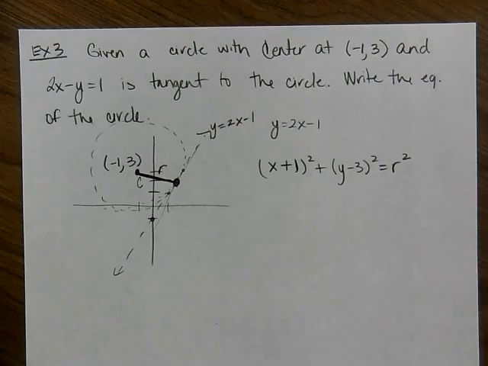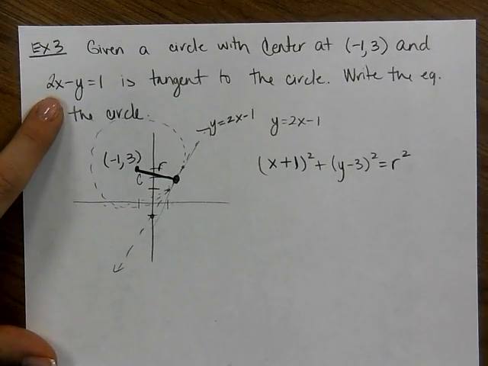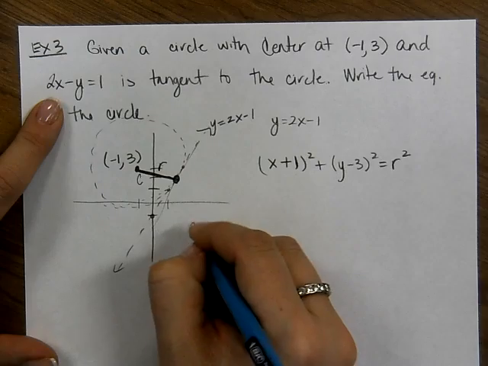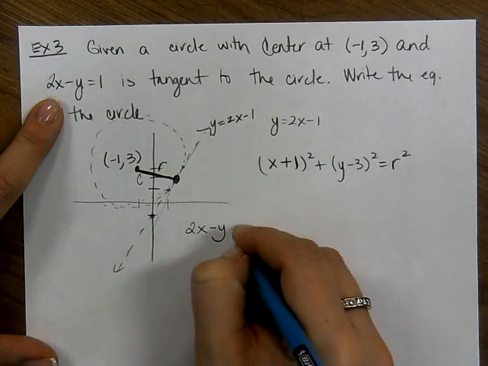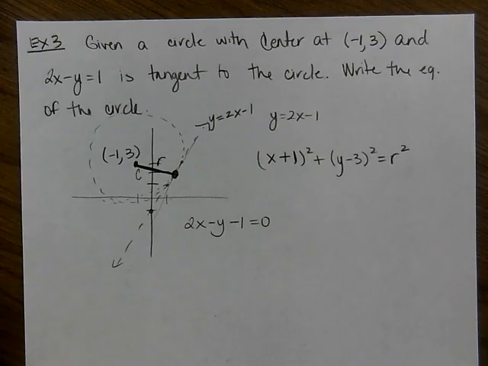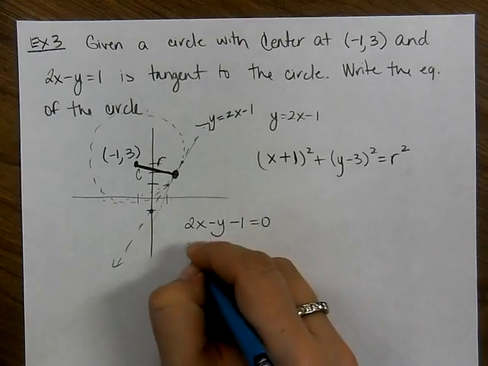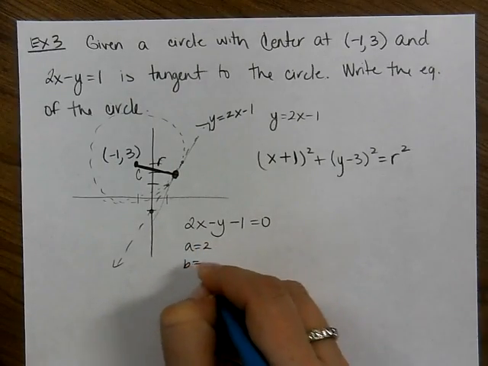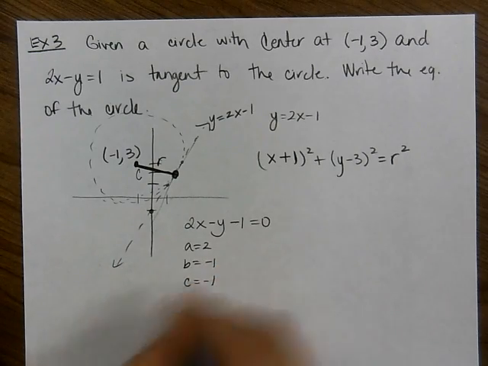Okay, so now what I need to know is what A, B, C, and x and y are. In order to find A, B, and C, you're going to want to put this line into general form. So I'm going to manipulate it again so that it looks like 2x minus y minus 1 equals 0. Doesn't that mean that A equals 2, B equals -1, and C equals -1?